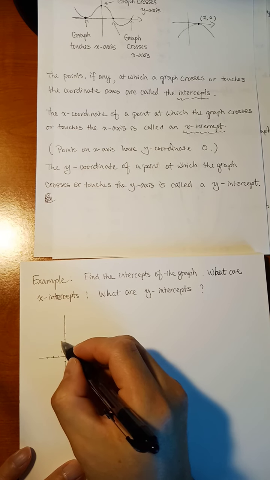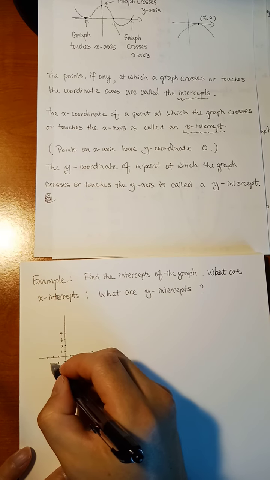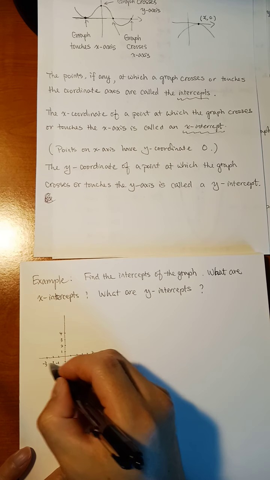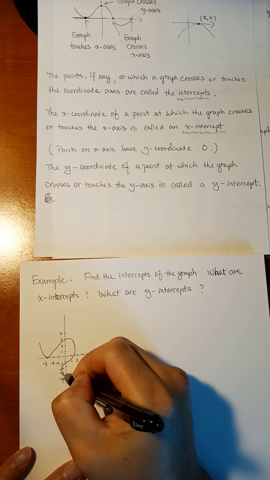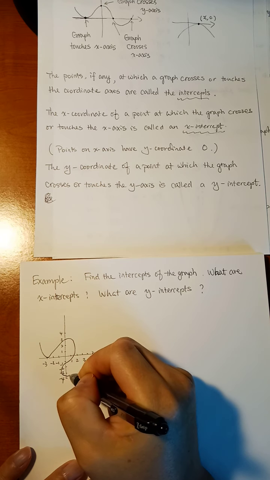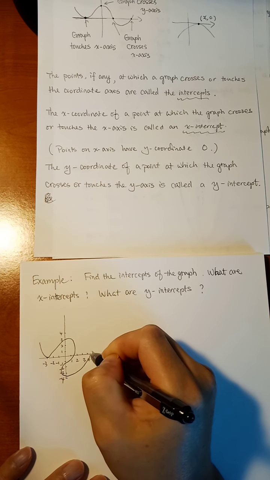So it's 1, 2, 3, 4, negative 1, negative 2, negative 3, and 1, 2, 3, 4, 5, negative 1, negative 2, negative 3, negative 4. The graph is like this, so you can see the graph in the textbook. We just randomly get a graph.